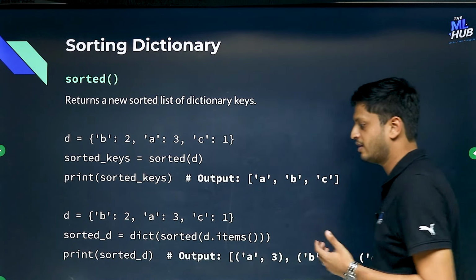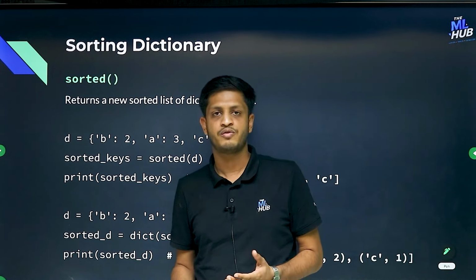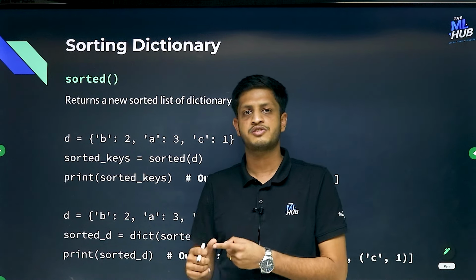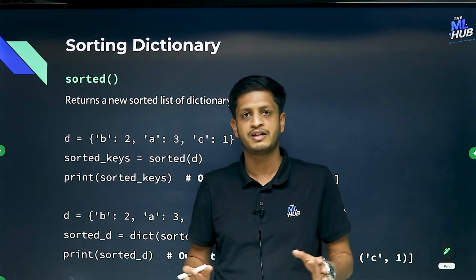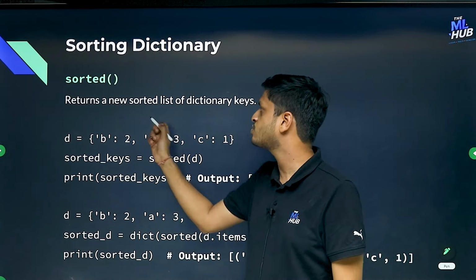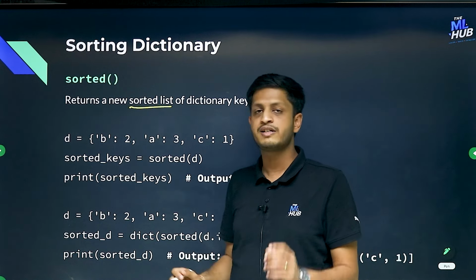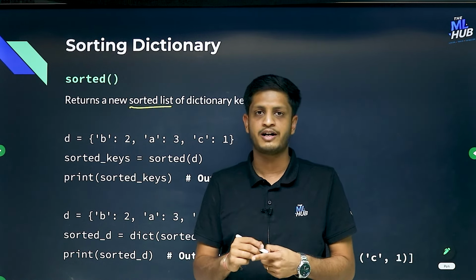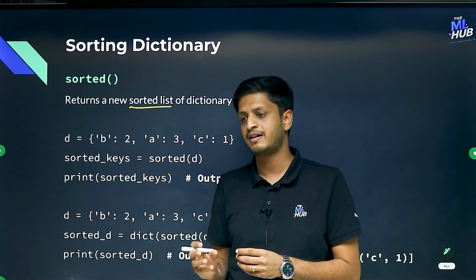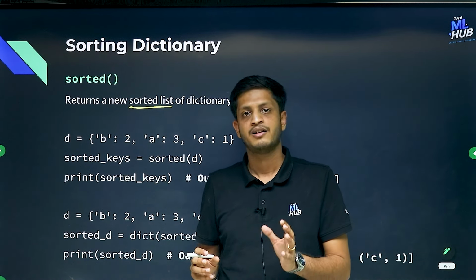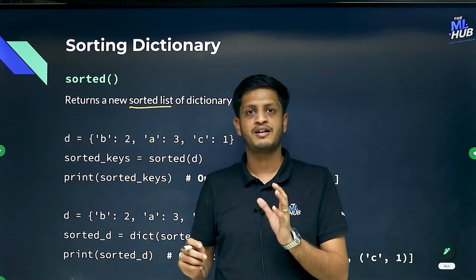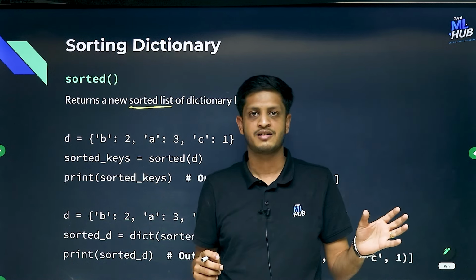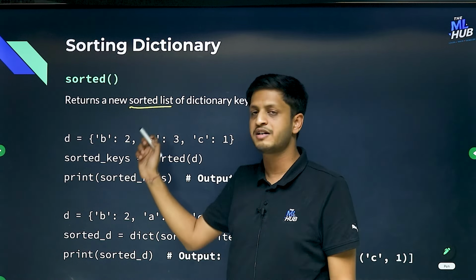Now again, the sorted function also works on dictionaries. The sorted function works on strings, lists, tuples, sets, everything. It always gives you a new sorted list. No matter whether you work on a string or a list or a tuple or a set, if you pass any iterable to the sorted function, it will just sort it and give you a list, right? Same happens with a dictionary as well.